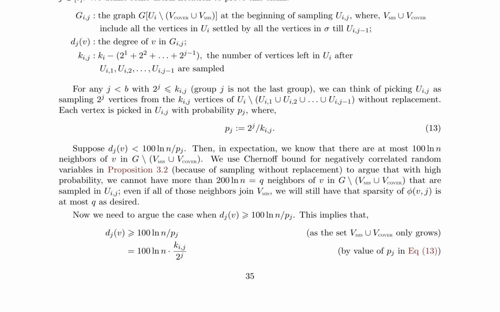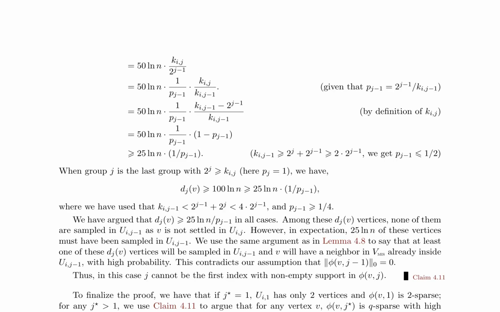q with high probability. The proof involves defining useful notation, such as gi, j, dj, v, and key, j, and using Chernoff bounds to argue that with high probability, the sparsity of phi, v, j, is at most q. The case when dj, v, 100 ln n, pj is also analyzed, and it is shown that dj, v, 25 ln pj-1 in all cases.